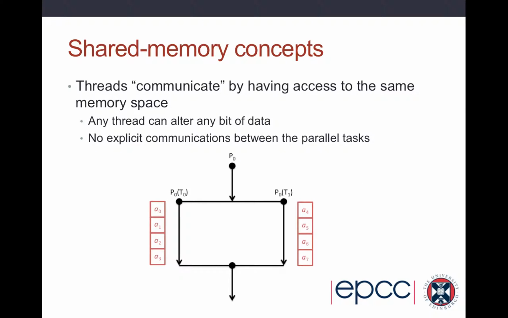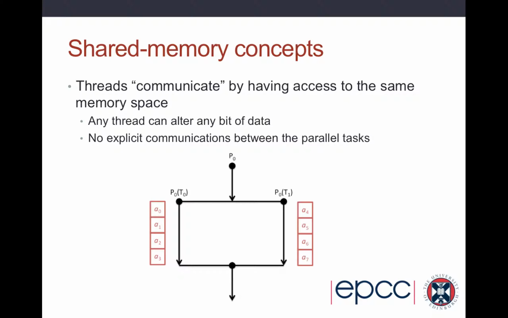So a picture of what it looks like is given here. This is for some sort of operation on a vector with 8 elements. So our process comes down here, it splits into 2 threads. Each thread operates on one half of the data and then they join again and carry on. And this is called a fork-join model, and you'll often see fork and join. The threads communicate implicitly by having access to the same memory space.